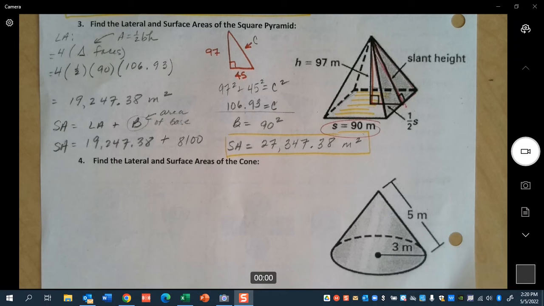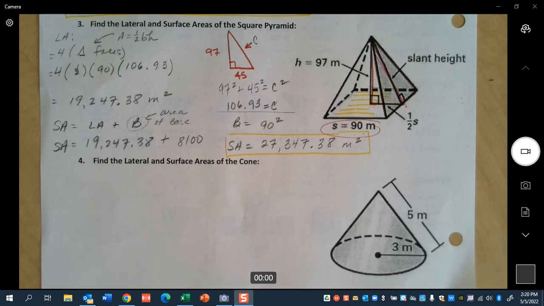Because if you're talking about the one that's closest, that's not going to accurately represent the most missed mistakes that people make. Forgetting to square the radius, forget to 1/2 the base, forget to include all of the faces. So chances are your answer is off by more than just a little bit, because any one of those things is going to have a bigger impact than just a couple numbers. So you want to make sure your work is set up so you could go back and carefully check it.